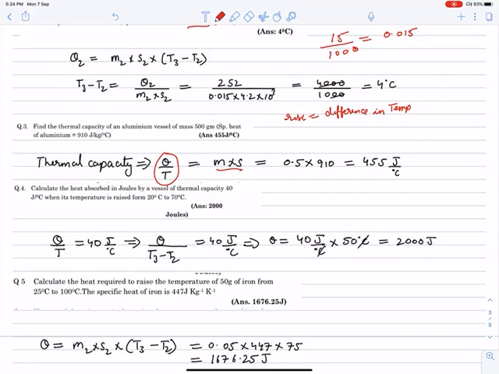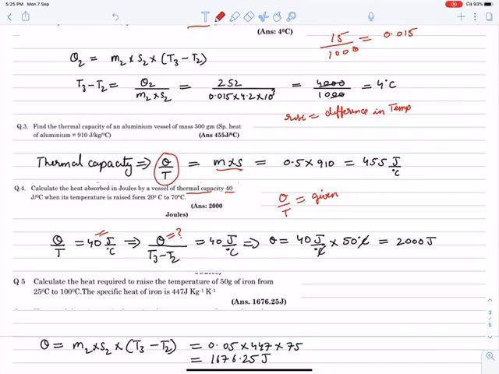You are given the thermal capacity, meaning Q upon T is given, so I put this 40. It is simple. T3 minus T2 is given. Shift it here, and it will come to 2000 joules.